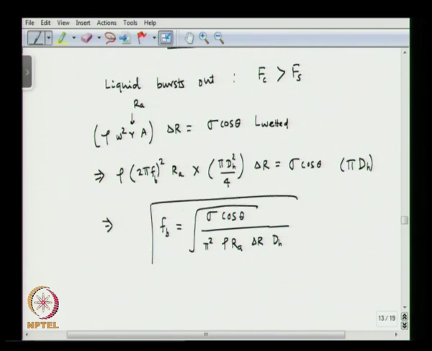So, the burst frequency depends on the surface tension of the liquid channel interface, and it depends on the contact angle. It is inversely proportional to the density, the average radius of the liquid column, the length of the liquid column, and the hydraulic diameter, okay.